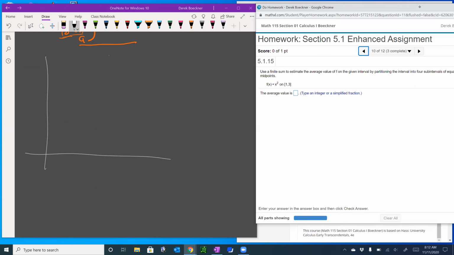We'll estimate the average value for subintervals from 1 to 3. And it's just a function x squared.